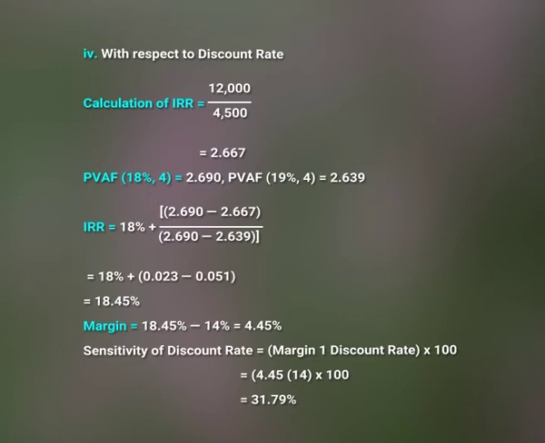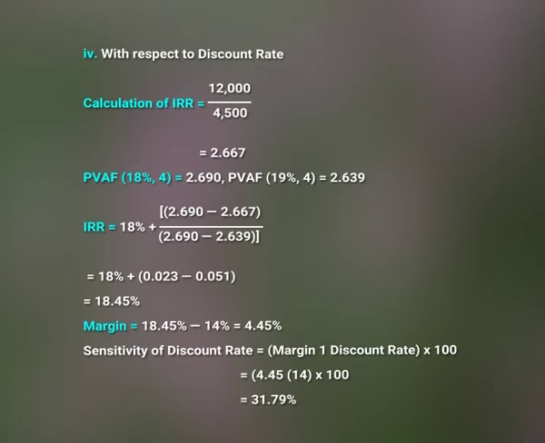IRR is equal to 18% plus (2.690 minus 2.667) divided by (2.690 minus 2.639), which is equal to 18% plus 0.023 divided by 0.051, which is equal to 18.45%. Now, margin is equal to 18.45% minus 14%, which is equal to 4.45%.